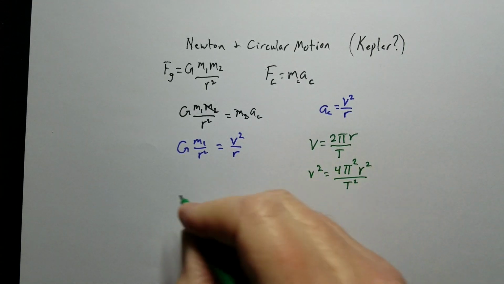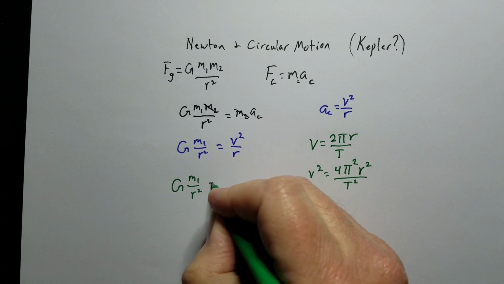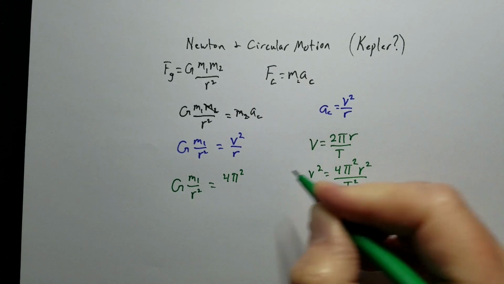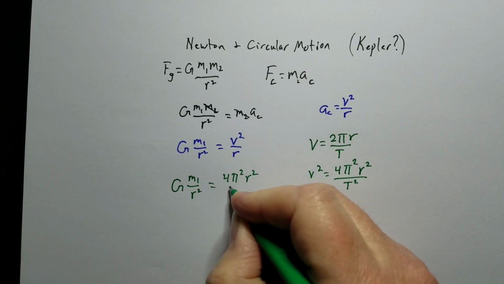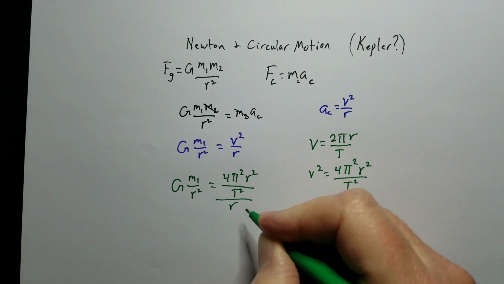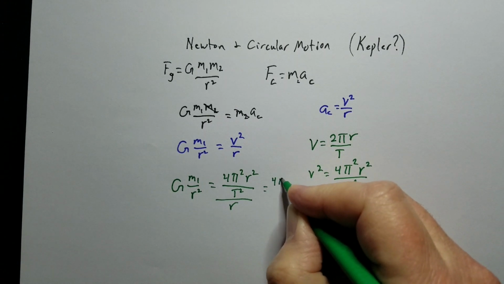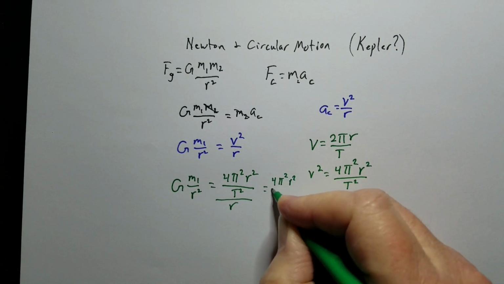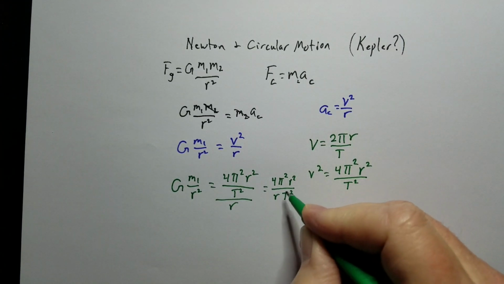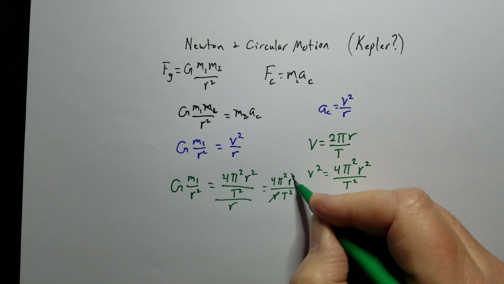So we plug that in, G m1 over r squared equals 4 pi squared r squared over T squared. Well, that's also over r. So if we simplify that, it really looks like this. 4 pi squared r squared over r T squared. A lot of letters there. But the cool thing is that r cancels out one of these.